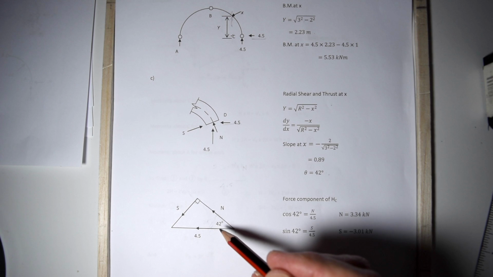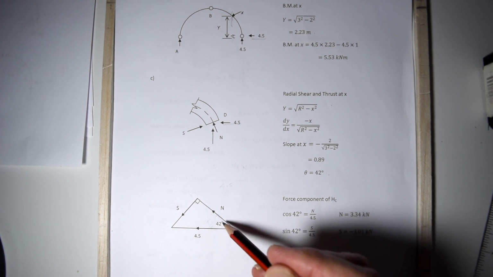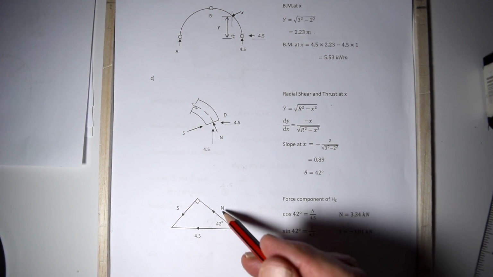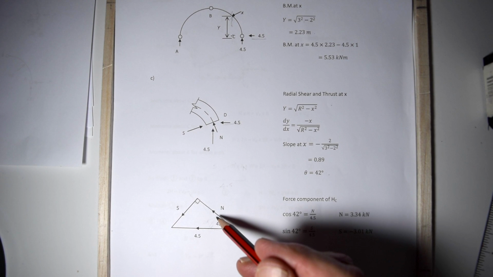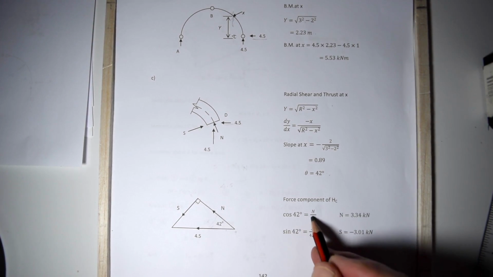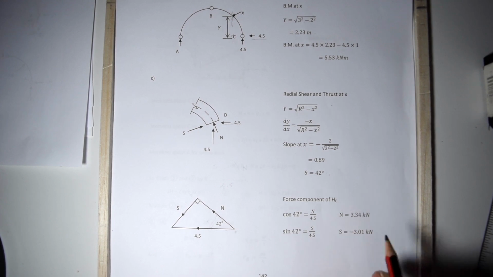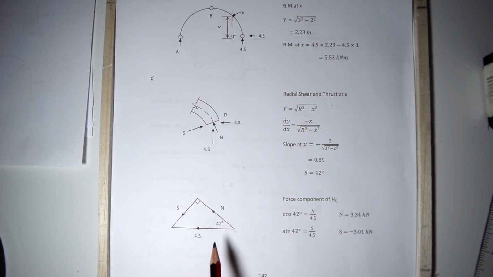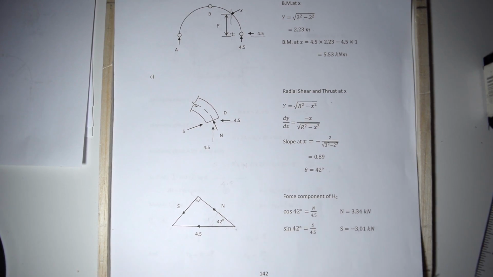The cosine of 42 degrees is N over 4.5. There you are. Cosine of 42 is N over 4.5, gives you N. The sine of 42 will give you S. It's going down, it's a minus when it's going down. Minus 3.01 kilonewtons.